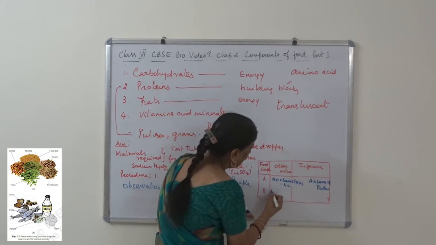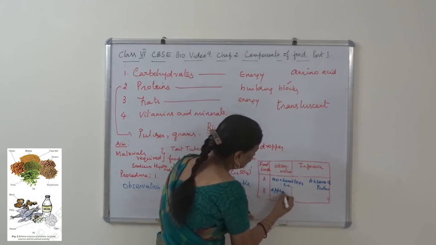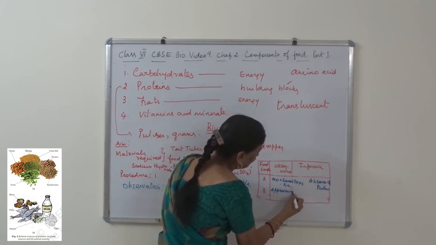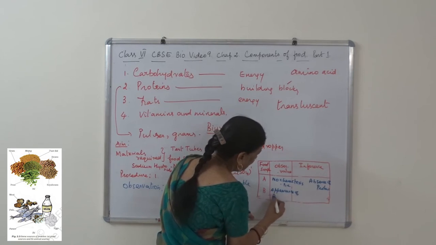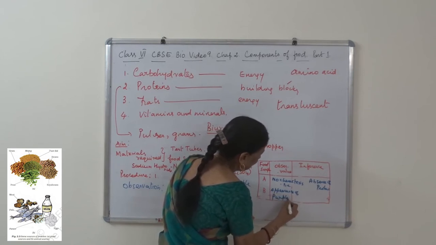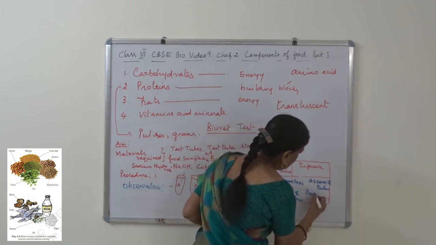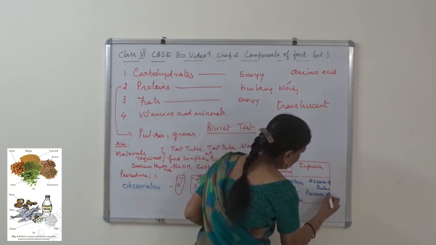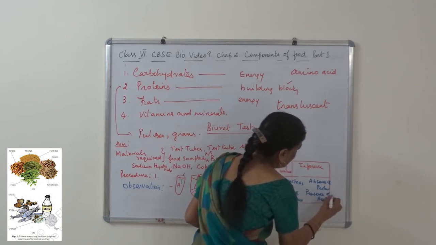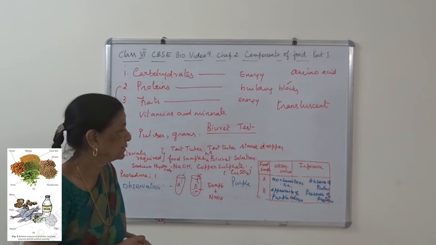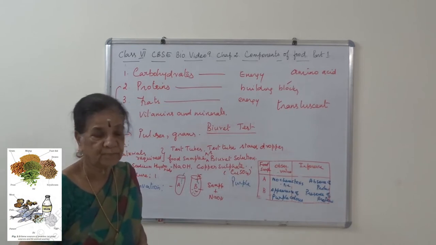Whereas here, appearance of purple color. Appearance of purple color, presence of protein.